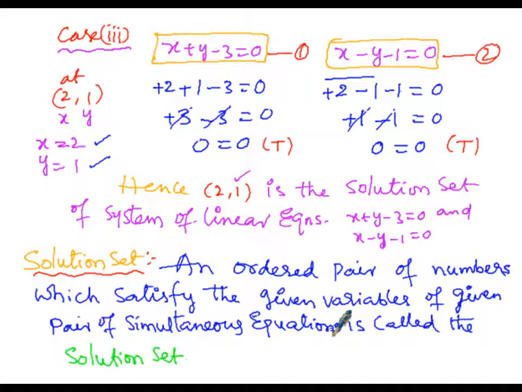So here, each of these is an equation of a line. A pair of lines, these are the equations of two lines, or the equations of a pair of lines. A pair of lines, say linear equations or line equations, in the same plane may have one solution set, or may not have a solution set, or may have an infinite number of solution sets.